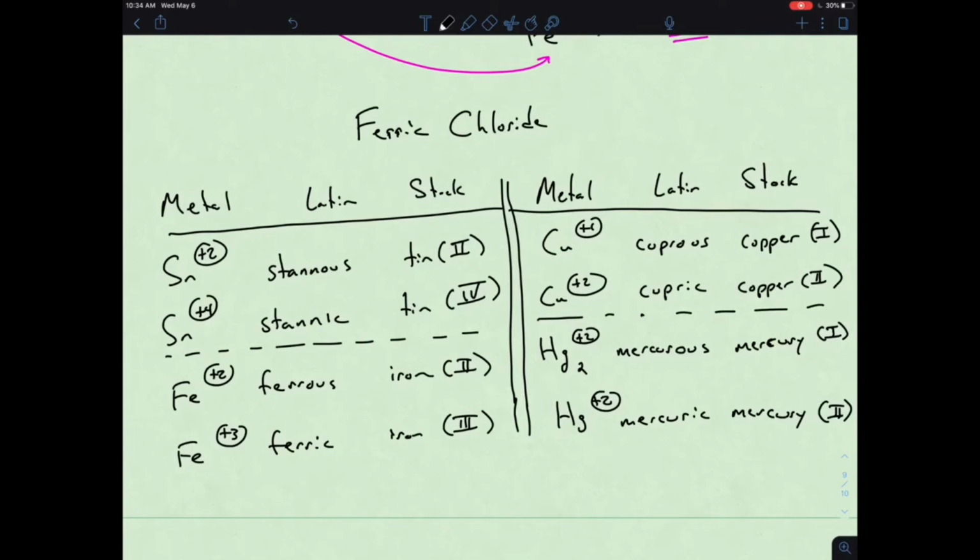There's more of them. There's lead with plumbous and plumbic. But here's where I'll pull basically from as far as questions on an exam: looking at these four different players, tin, iron, mercury, and copper, in terms of these types of transition metal namings.